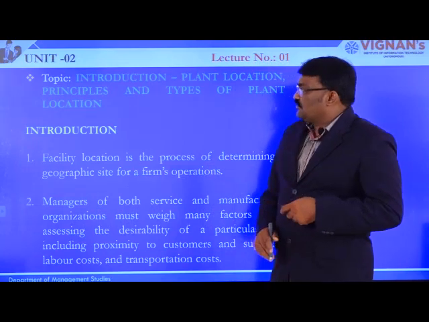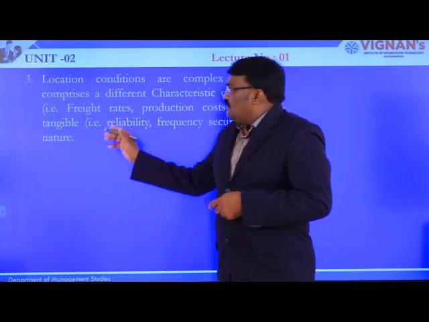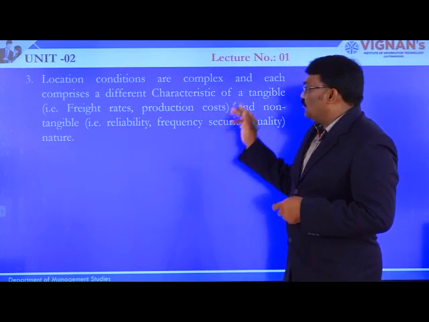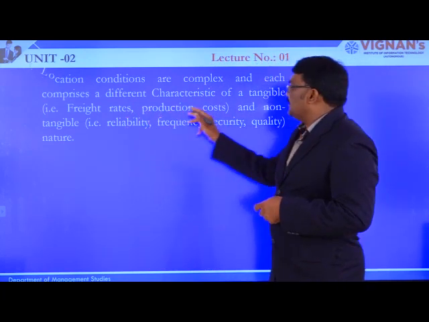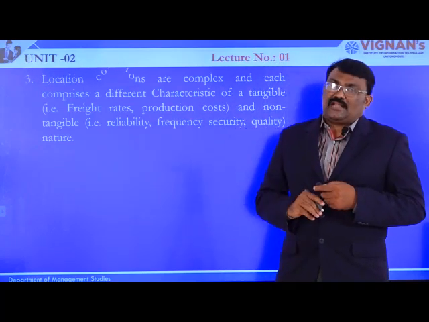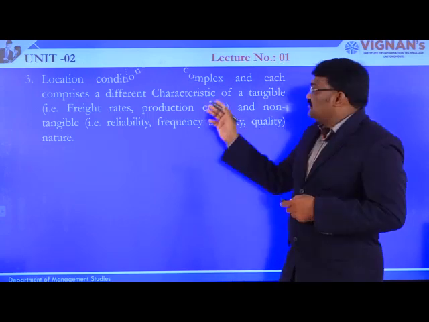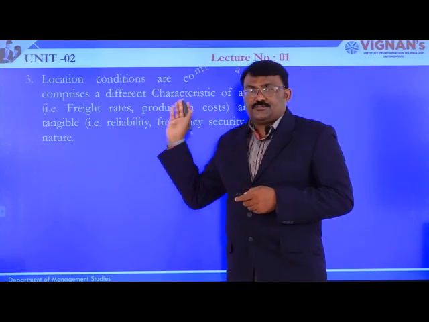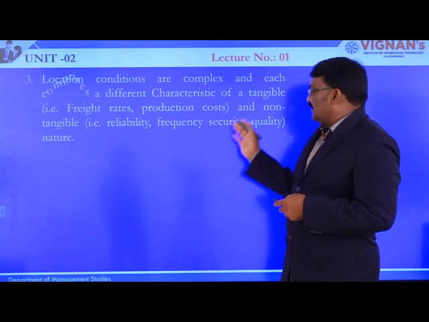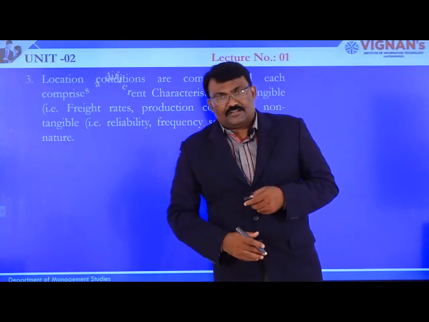Now, coming to the third point, it is location conditions, right. Location conditions are connected to the tangible and intangible factors in deciding the plant location. Tangible is about the freight cost, production cost and so on, and intangible is about reliability, frequency, security, quality and nature.